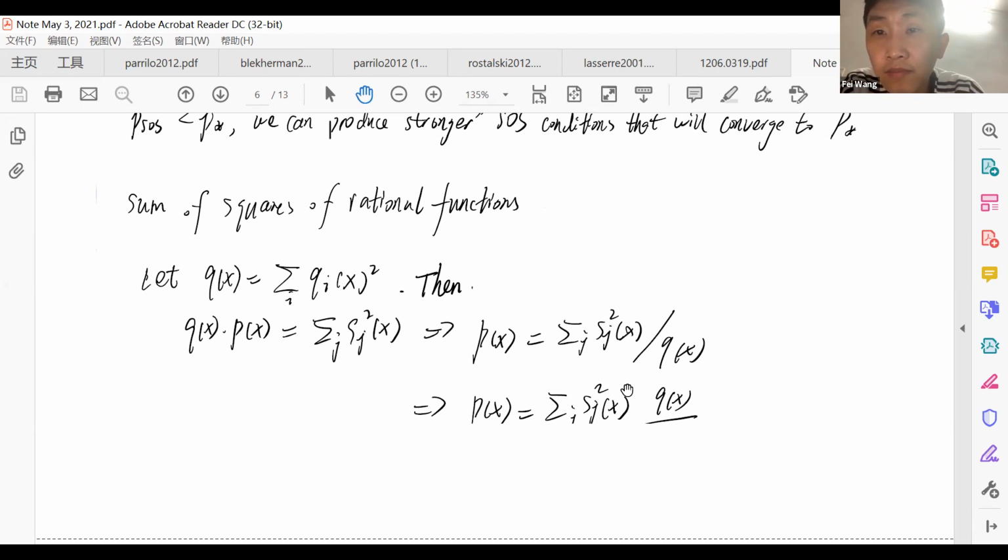Let q(x) be a sum of squares, q(x) equals the sum of q_i(x) squared. Then if q(x) times p(x) is equal to the sum of s_j(x) squared, that is, if q(x) times p(x) is a sum of squares, then q(x) times p(x) is the summation of s_j(x) squared.